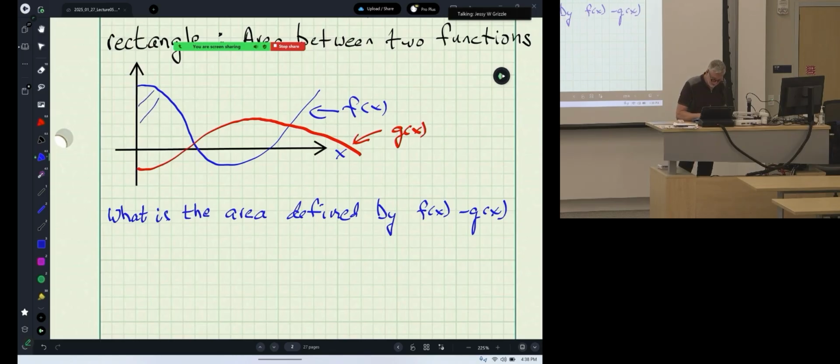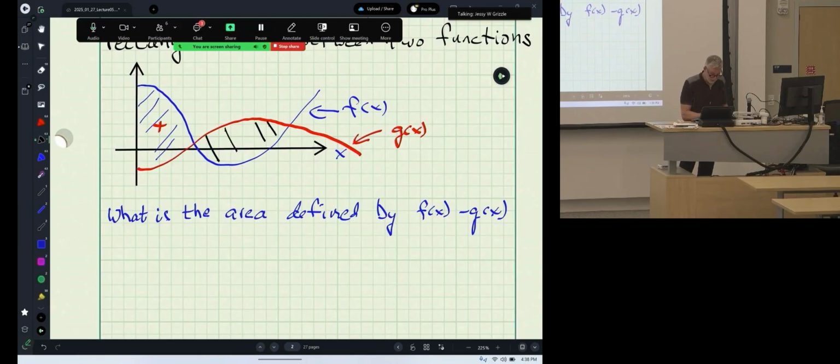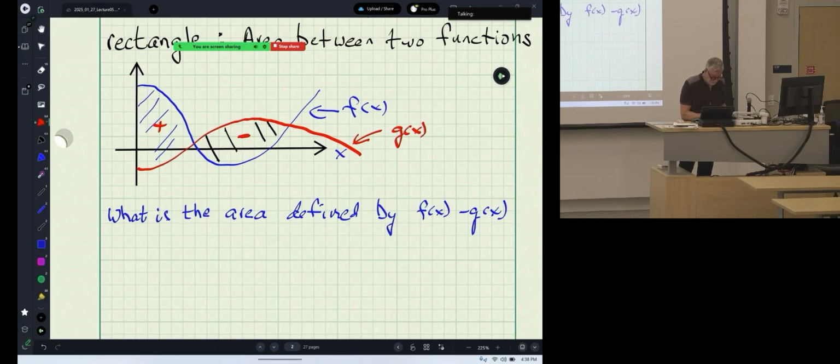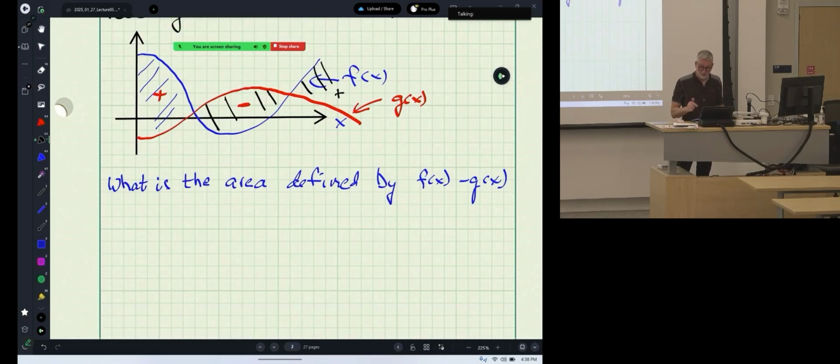Okay, so when f is bigger than g of x, we'll have plus area. When g of x is actually larger than f of x, we'll have negative area, etc. Okay, so the way we think about the Riemann integral is, let's take a point, say here.